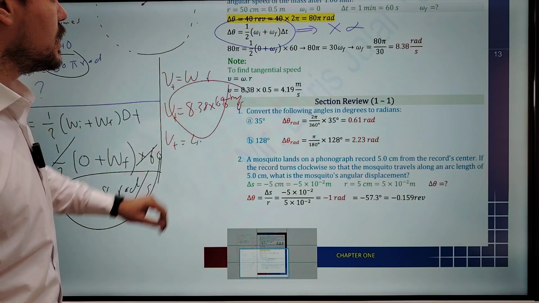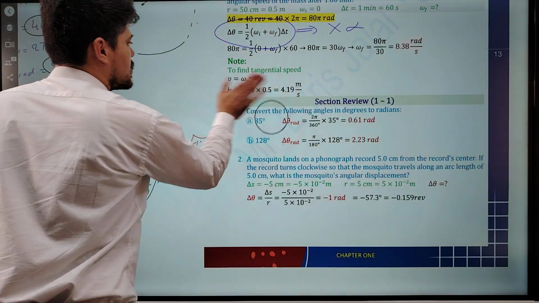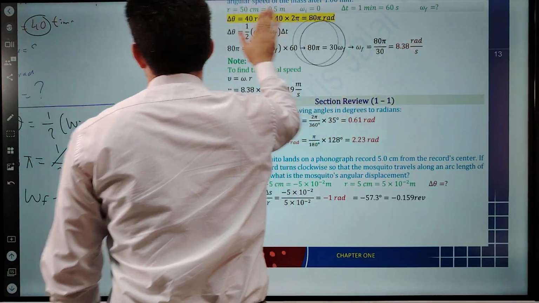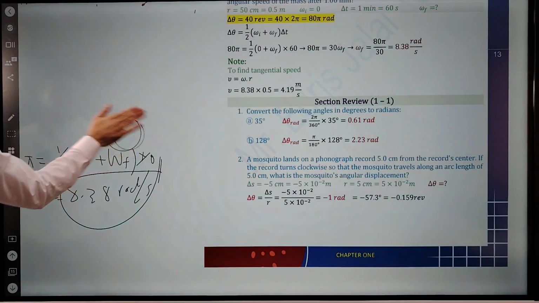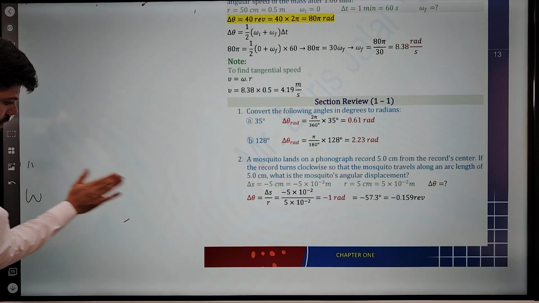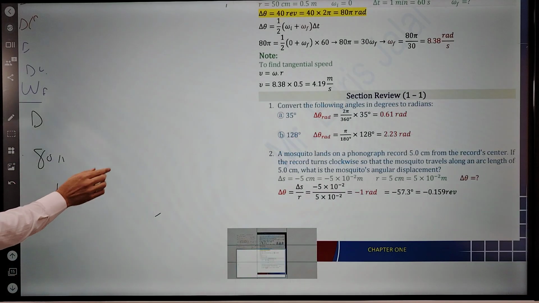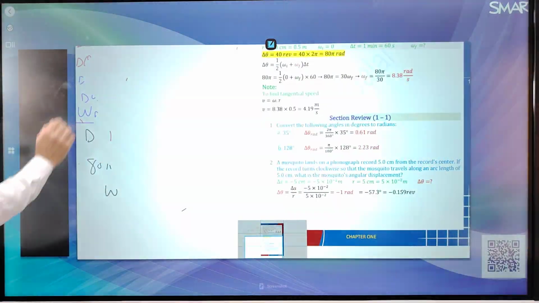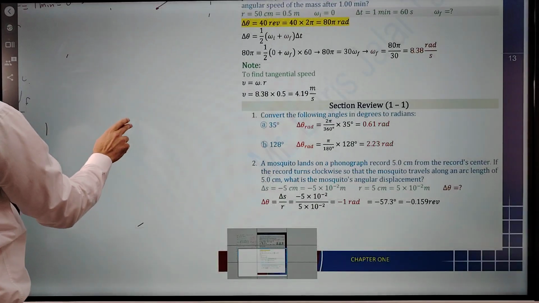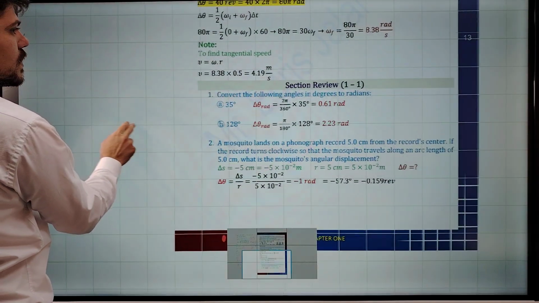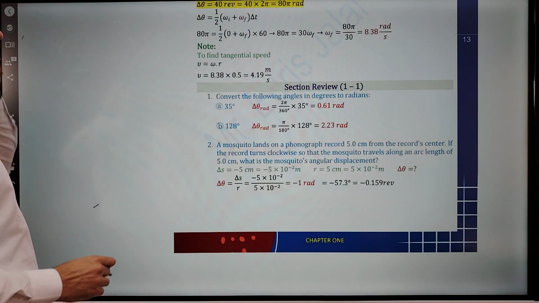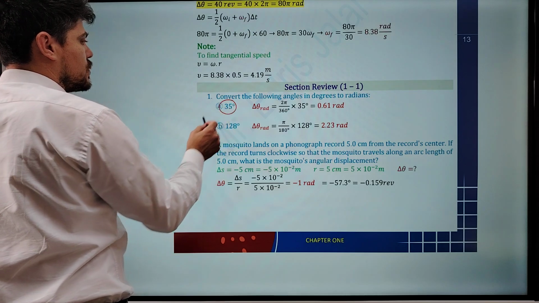Now I'm going to solve the questions of the section review, section 1. Convert the following angles in degree to radian. 35 degrees, we have to convert to rad.